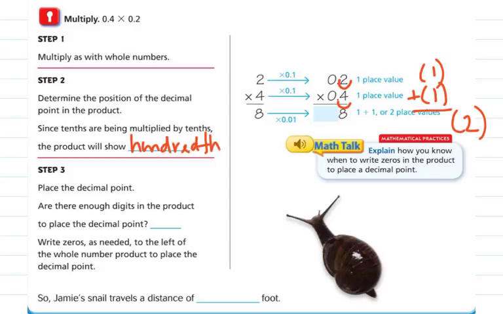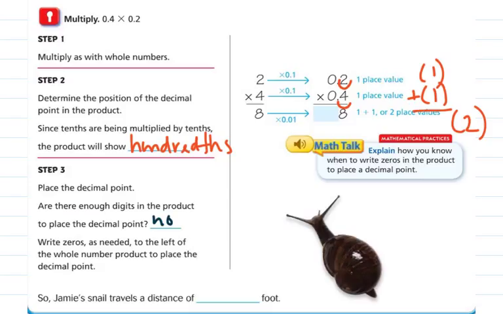So let's fill that in. Step 3, place the decimal point. Are there enough digits in the product to place the decimal point? Right now, boys and girls, we see that there's 1 digit. We know that we need 2 decimal places. So we know that there is not enough. So boys and girls, it says write zeros as needed to the left of the whole number in the product to place the decimal point.